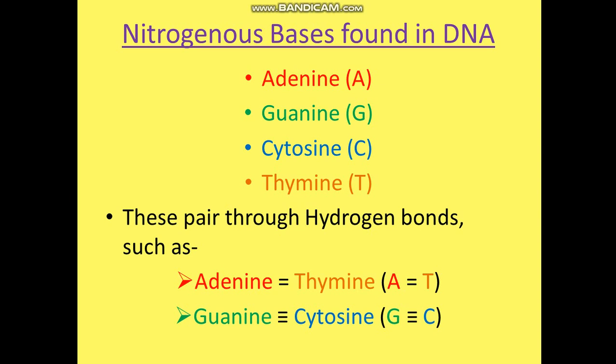I am telling you again and again, don't get confused with the three lines being depicting a triple bond. These three lines are depicting the three hydrogen bonds. Clear? So universally in each and every individual, adenine is paired up with thymine with two hydrogen bonds and guanine is paired up with cytosine with three hydrogen bonds.